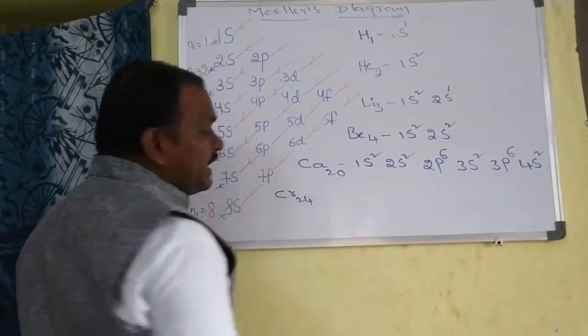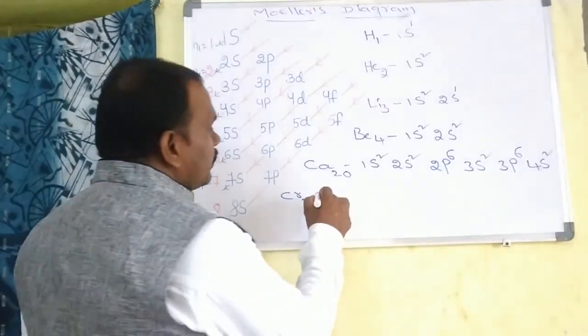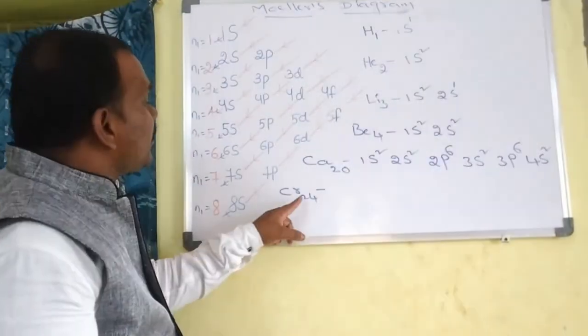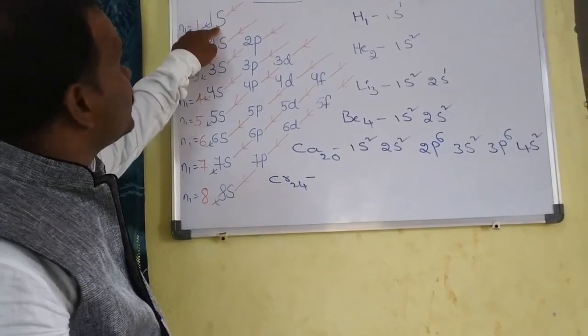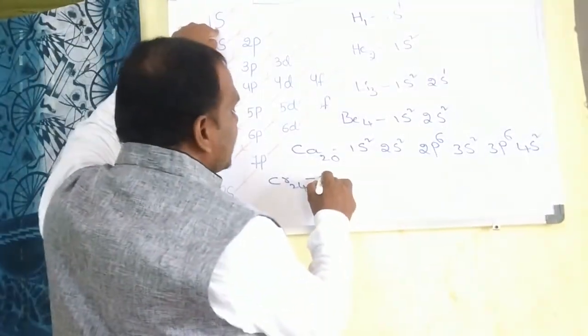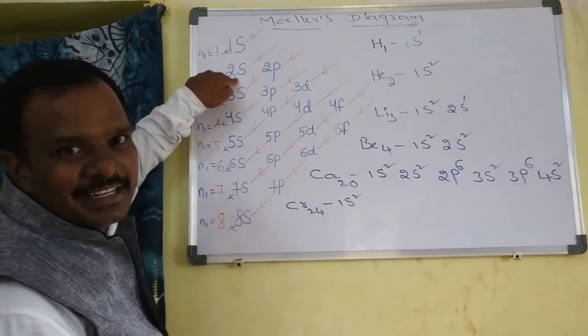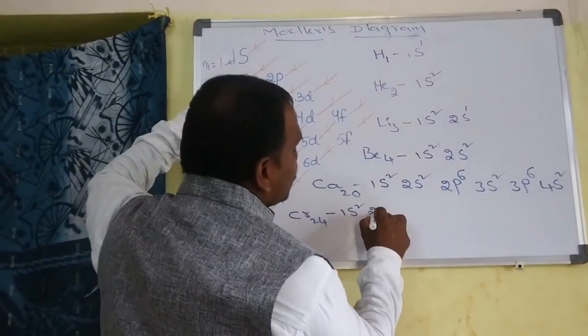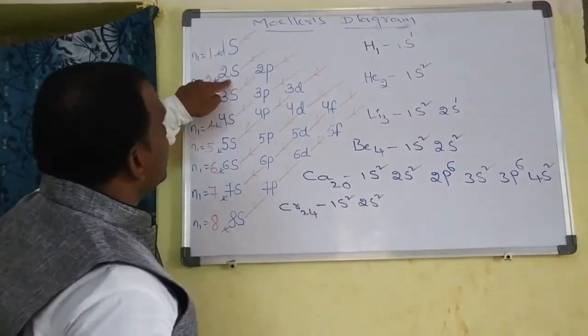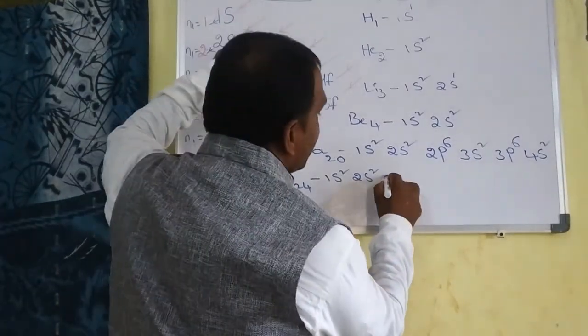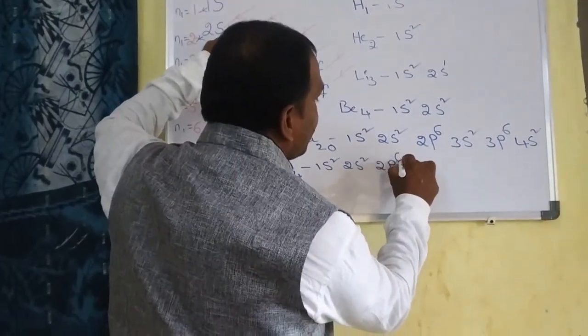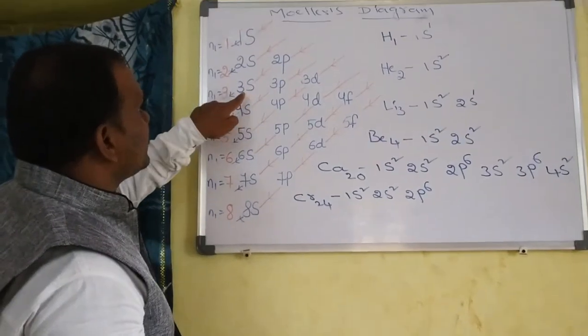Like that you may take chromium. Chromium atomic number is 24. The first electrons are entering which orbital, students? 1s orbital. So I write 1s2. Next the electrons are entering 2s, so I write 2s2. Next 2p. Maximum number of electrons in p is 6.